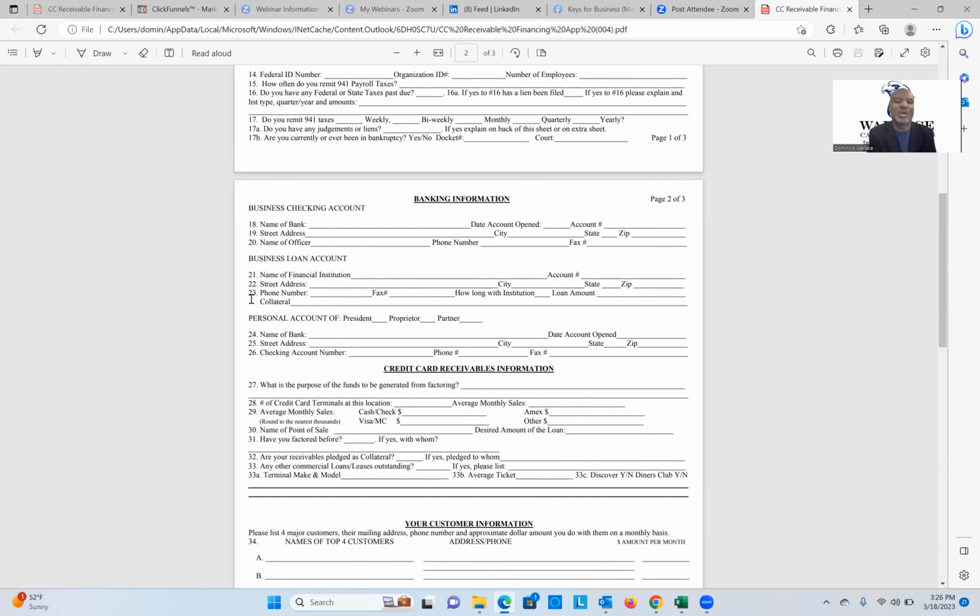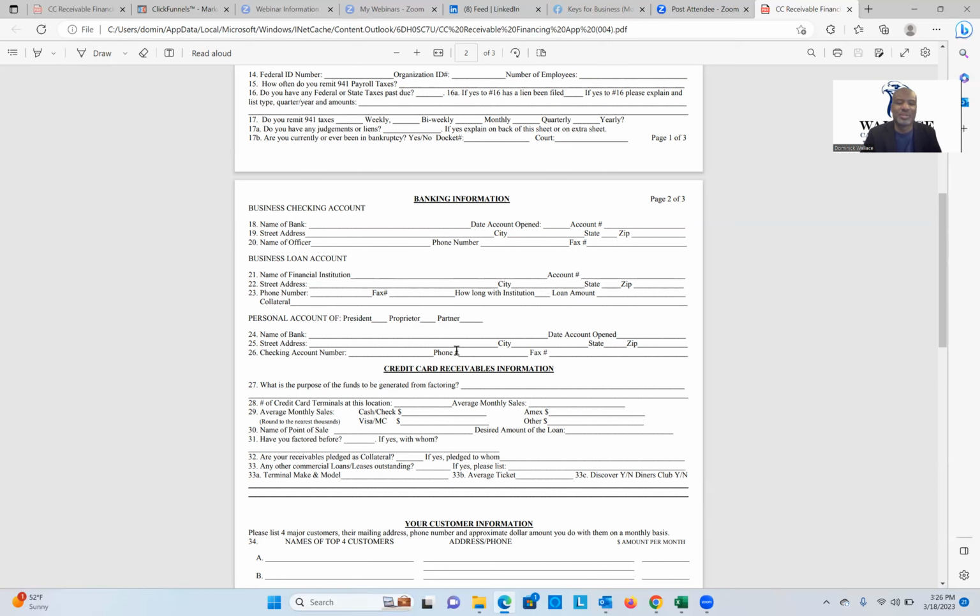All right. If you have any loans, the primary business loan that you have, name the financial institution, the account number, street, city, zip code, telephone number, fax number, how long with the institution, the loan amount, and what collateral is involved. Is it receivables?